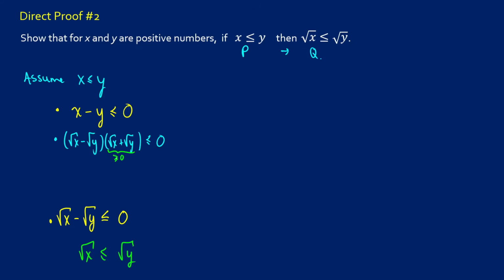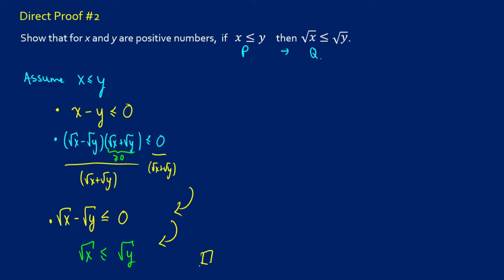So this term is going to be greater than or equal to 0, which means that we can then divide both sides by the square root of x plus the square root of y. What you get from that result is that next step, and then we can make that further step to show that therefore the square root of x is less than or equal to the square root of y. So even though this is a direct proof where we're going from one step at the beginning to the last step at the end, I'm still working backwards in some cases just to see what I need to get.